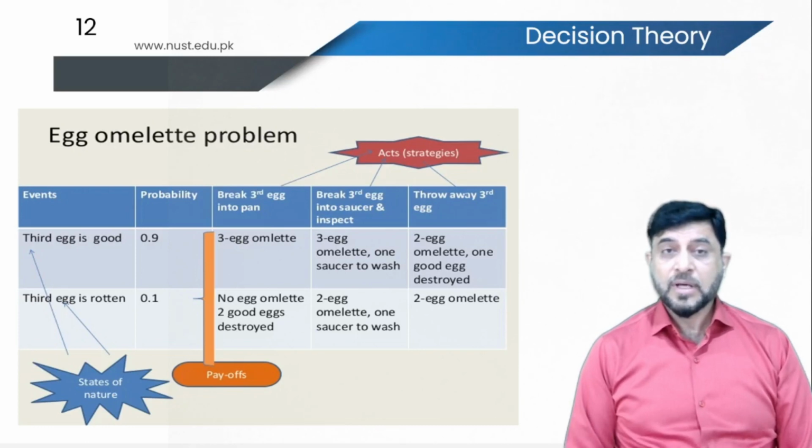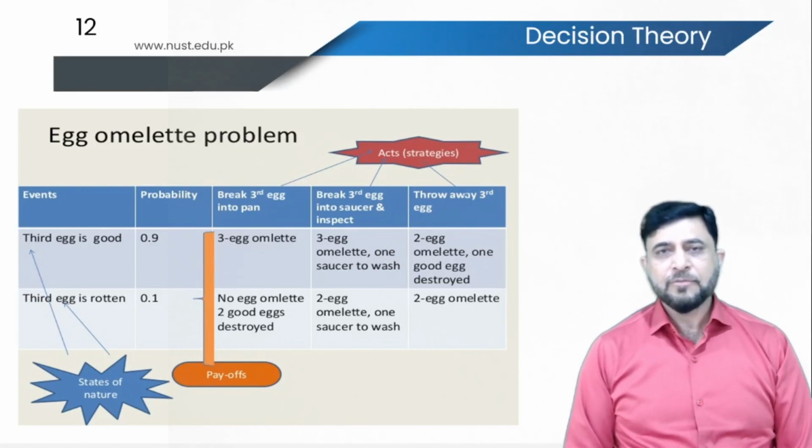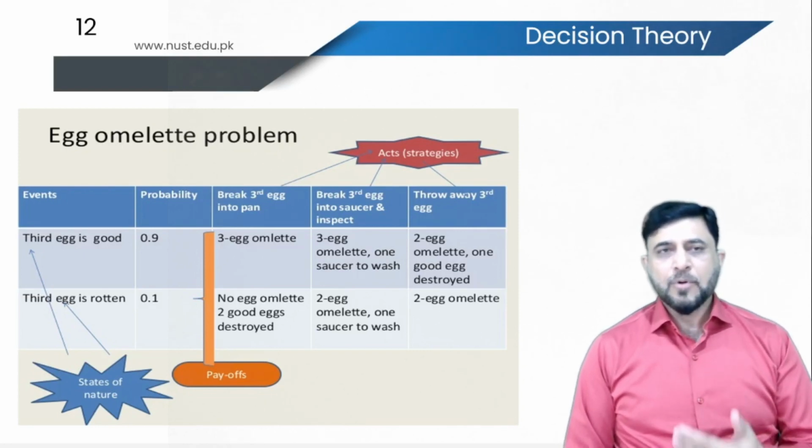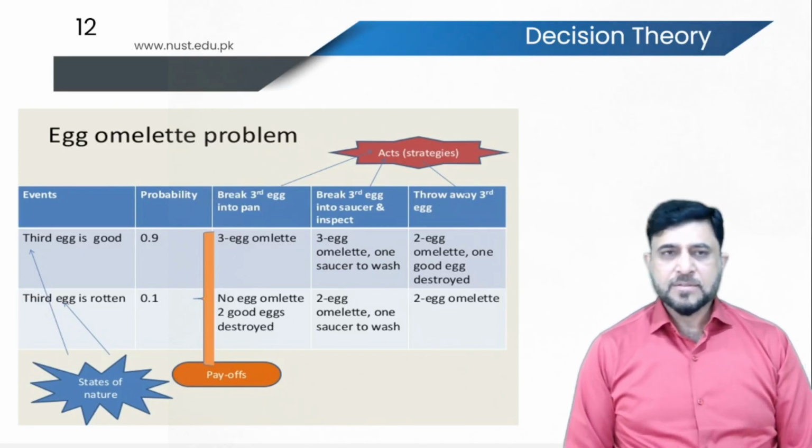Then, again 2-egg omelette and 1 saucer to wash when you have a separate saucer, and you have to throw away the third egg because it is rotten. And if you have thrown away the third egg, then 2-egg omelette, you have done the good, right? So in this way we formulate our problem in the form of payoff tables. We have states of nature, we have strategies or alternatives, and we have payoffs.